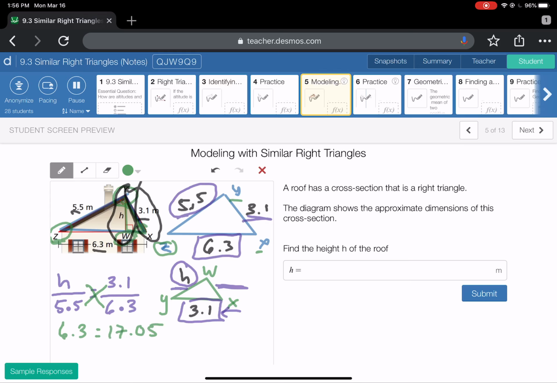Oops, 7. Let me back that up a little bit. I forgot the h. 6.3h is equal to 17.05.